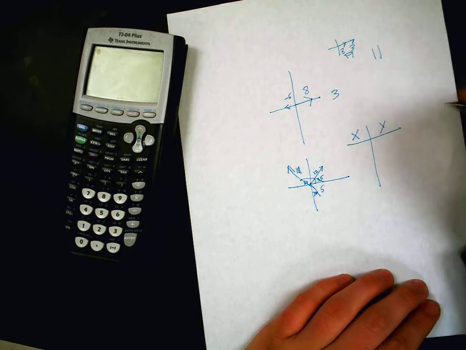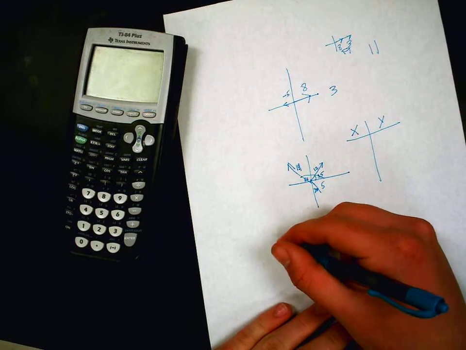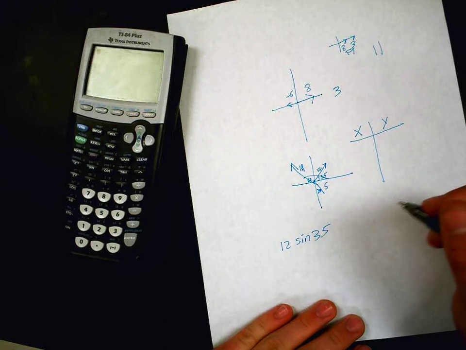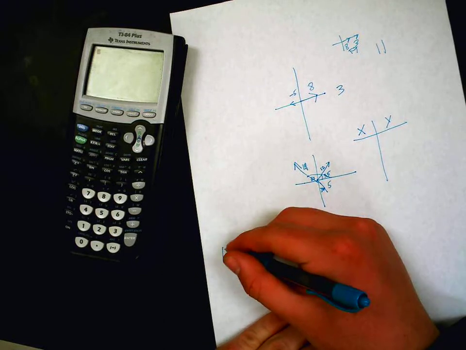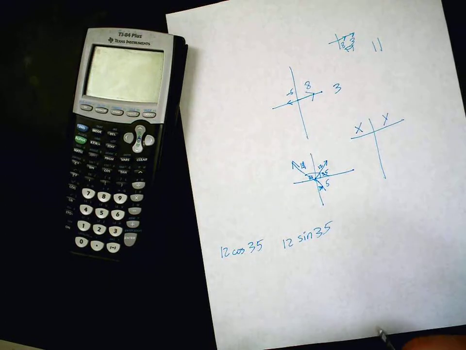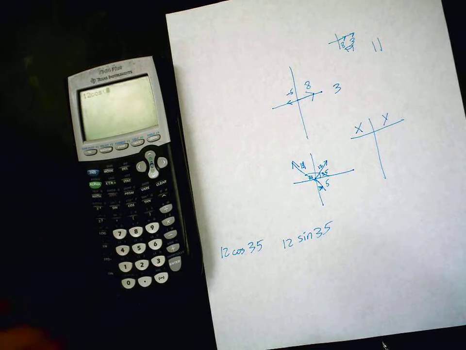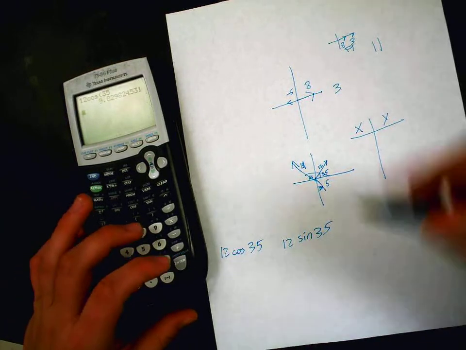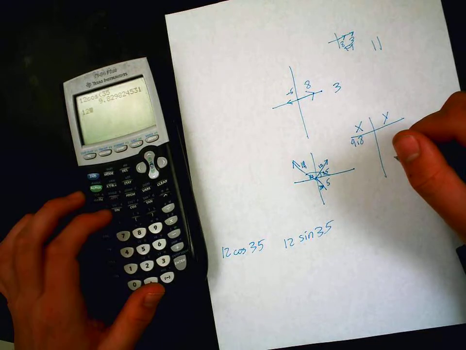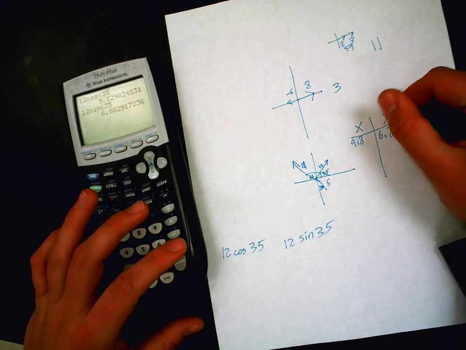Here we go. So first one, 12 at 35 degrees. That's going to be 12 sine 35 for your Y, and 12 cosine 35, that's going to be your X. So plug those in. X is 9.8. Then Y, 12 sine 35, is 6.8.